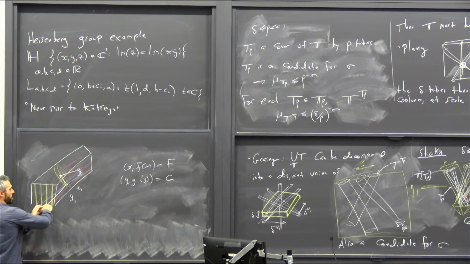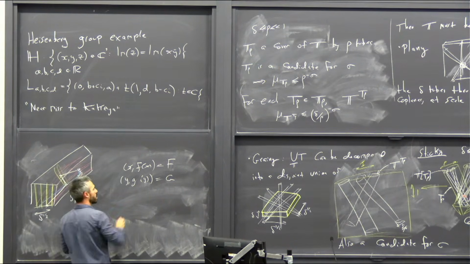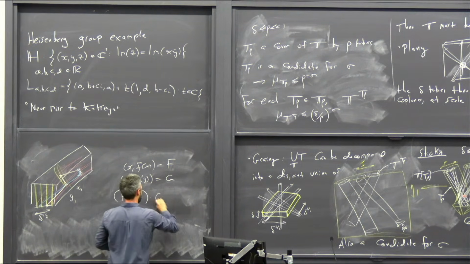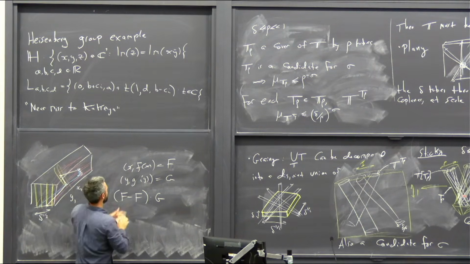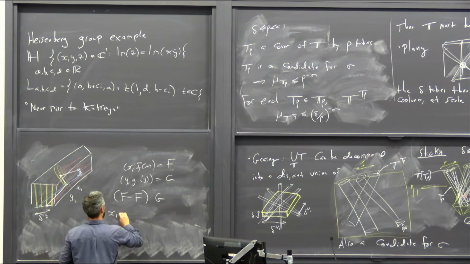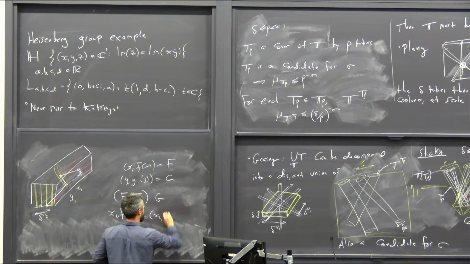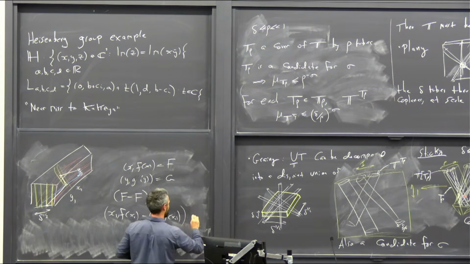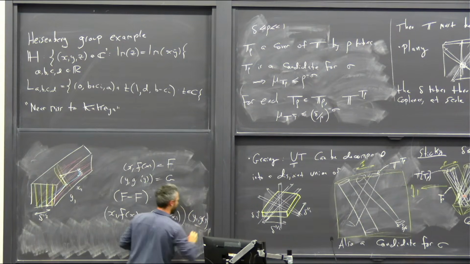And what does it look like to walk some distance y1, go up, walk, come back? If you write this carefully, this looks like (F minus F) dot product with G. What does that mean? Take some (x1, f(x1)) minus (x2, f(x2)). I apologize for going over. I'll finish soon, I promise. Dotted with (y1, g(y1)).